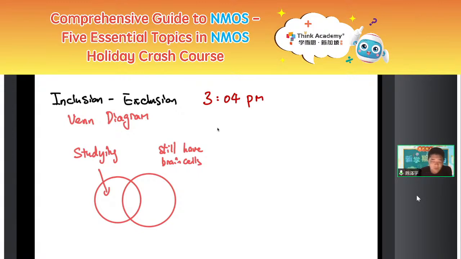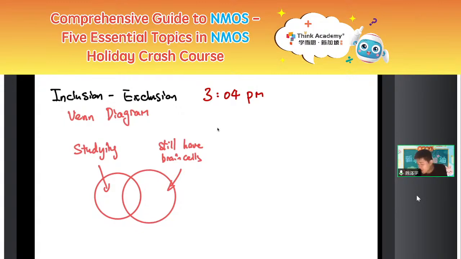Now how about this part? This part will be people who still have brain cells but are not studying today, maybe people who are enjoying their March holidays. We're talking about topic 30, the last topic.